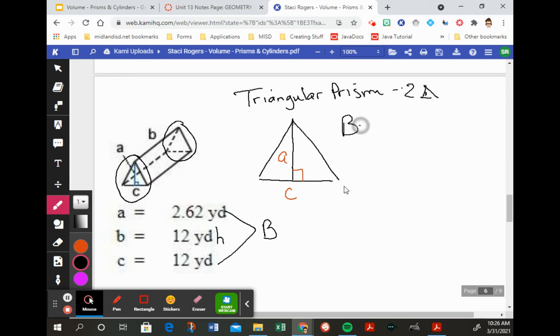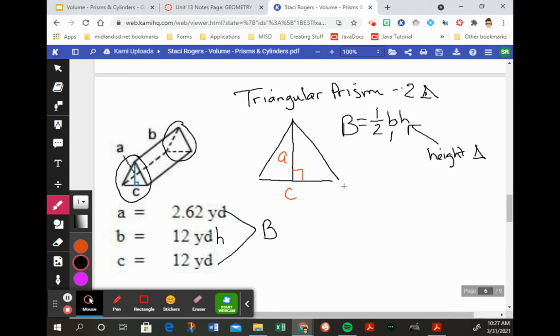The big B is 1/2 B times H. Oh, that's confusing. That means I've got two H's in the problem. No, not if you remember this: this H is the height of the triangle.